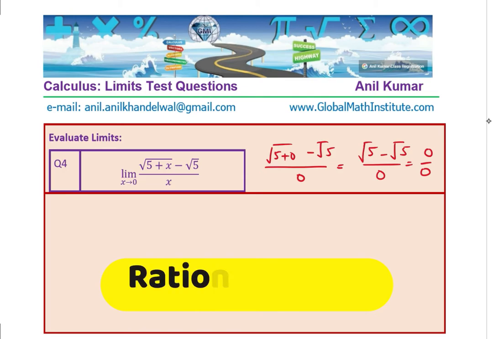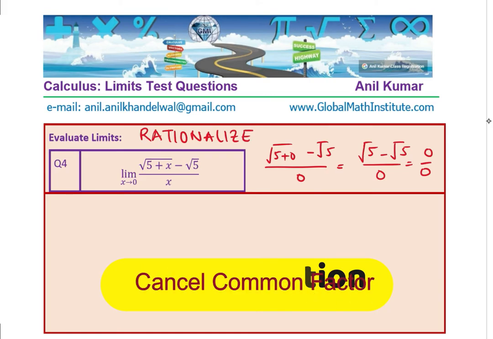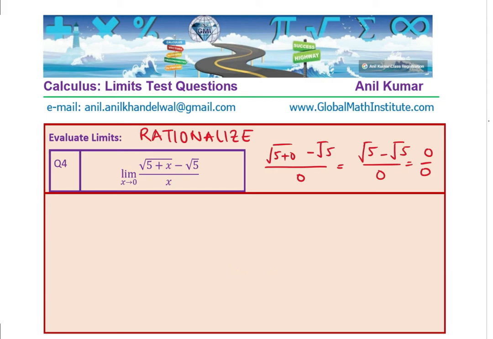Now in this particular case, wherever you find radicals, it is a good idea to rationalize. So that is the third strategy. First one being direct substitution. Second being factorization. And third is rationalize. So let me do it with rationalization.